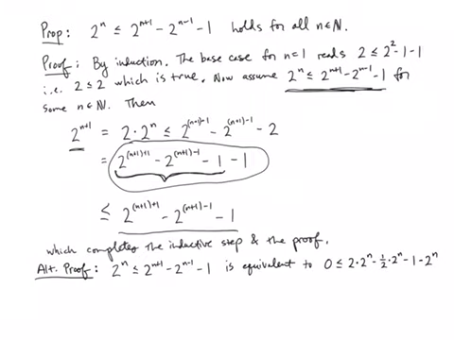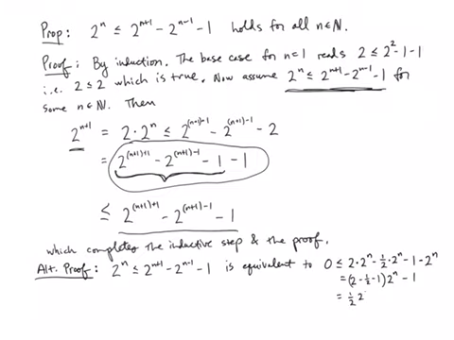And this right-hand side here, that's pulling the 2 to the n's out. This is 2 minus 1/2 minus 1 times 2 to the n minus 1. And that is equal to 1/2 times 2 to the n minus 1.